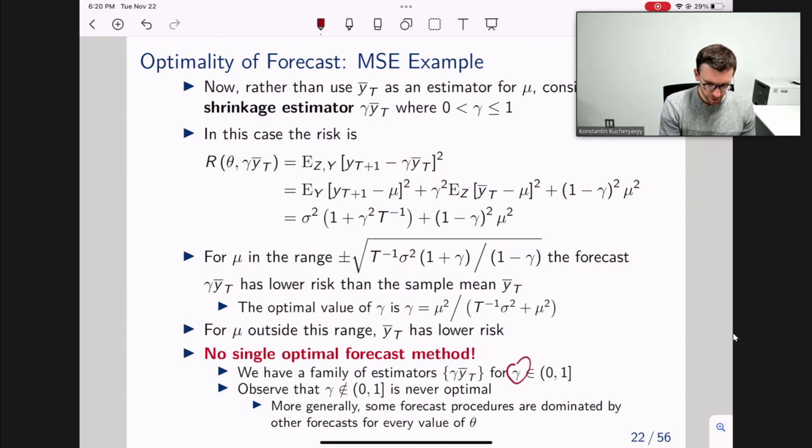Okay, hopefully that, and of course, it's just a simple example and it was made up, but it's kind of a running theme of the whole forecasting or machine learning, if you will, literature.